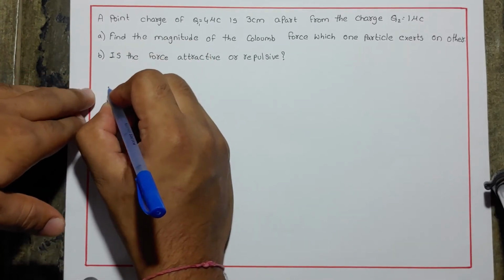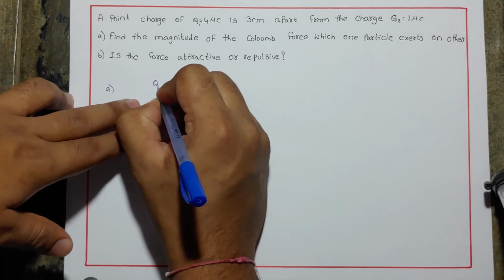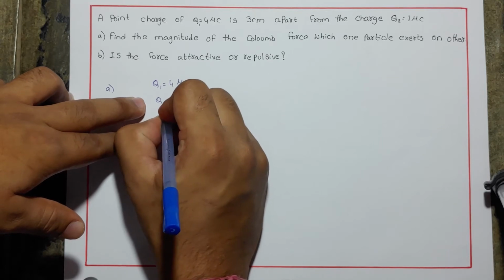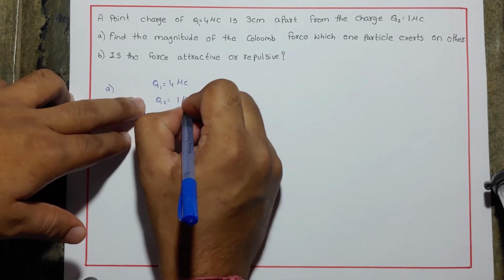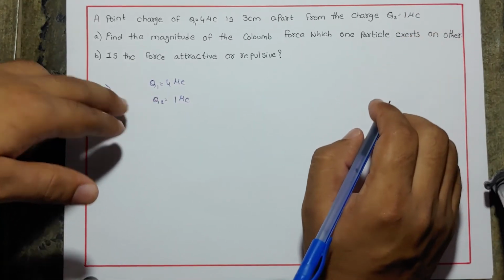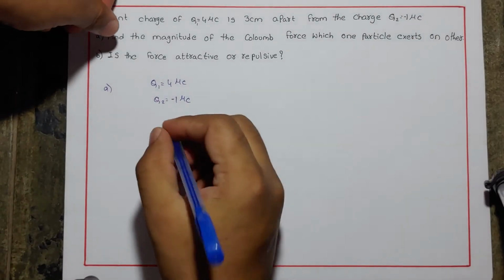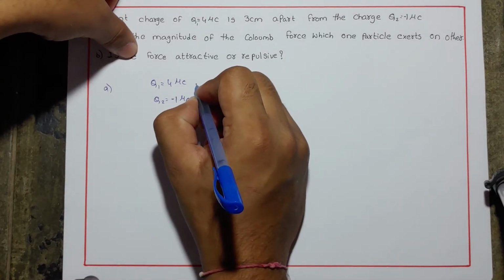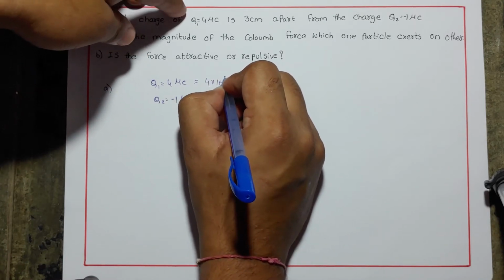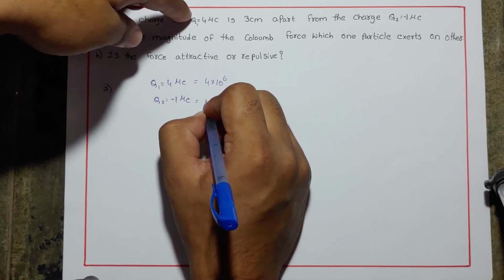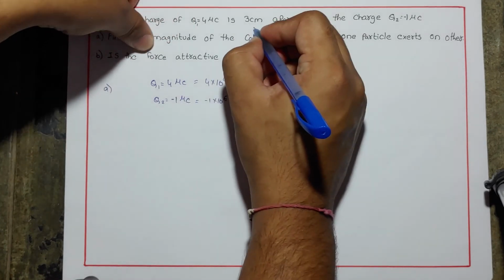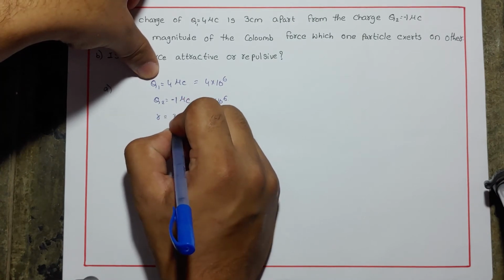Now let us solve for A. Given that Q1 is equal to 4 microcoulomb and Q2 is equal to minus 1 microcoulomb, which is 4 into 10 to the power of minus 6 and minus 1 into 10 to the power of minus 6, and the given distance is r is equal to 3 centimeters.